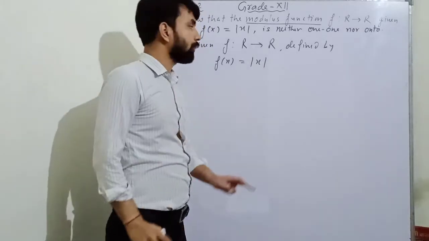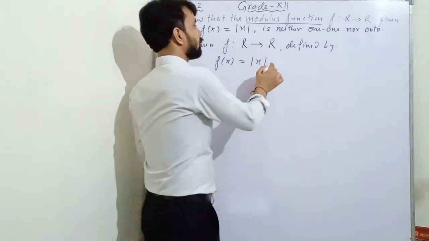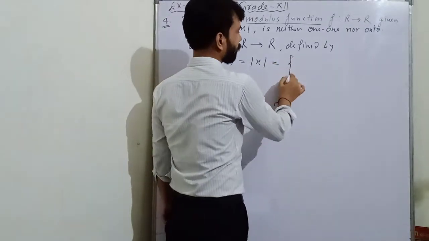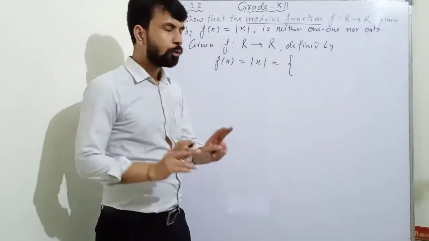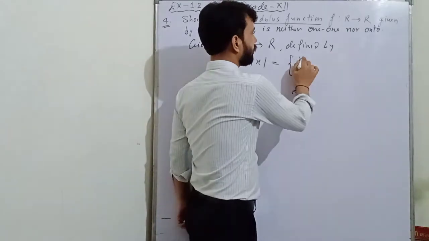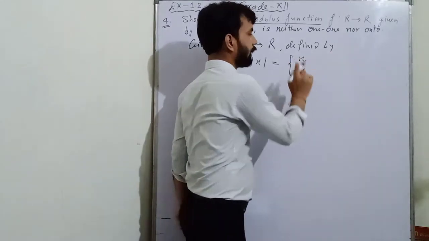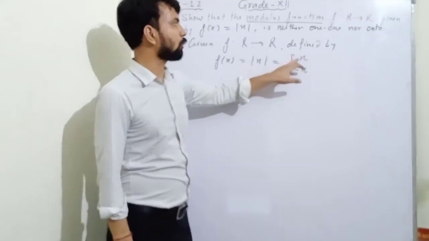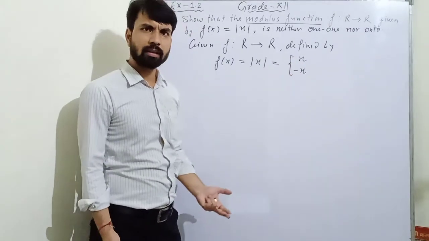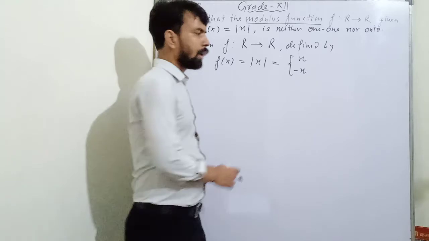And the modulus function is this. This can also be written like this. Here it has two values, either positive x or negative x. Means modulus x, here we can take the value of x as positive as well as negative. Understood?